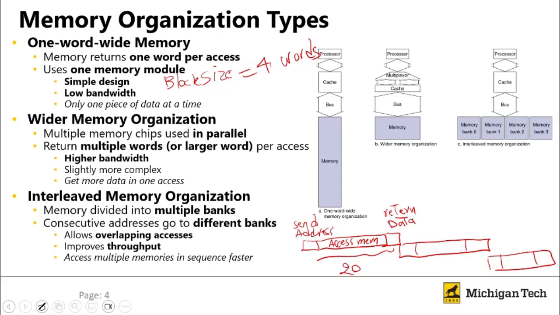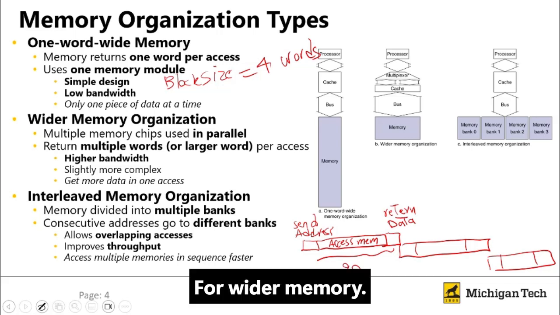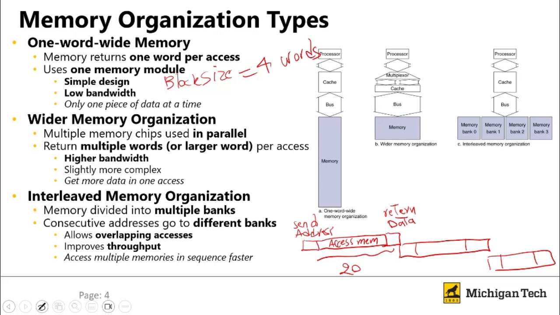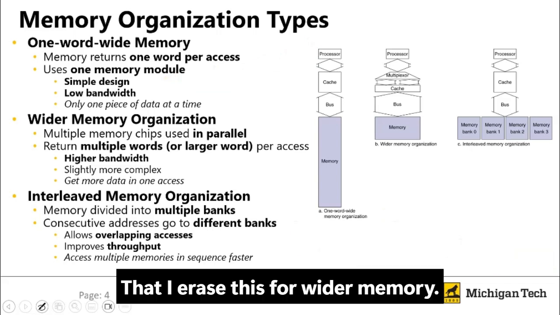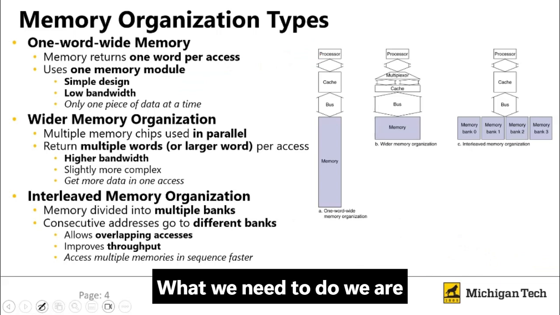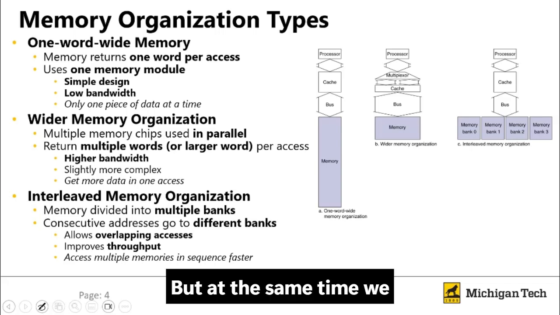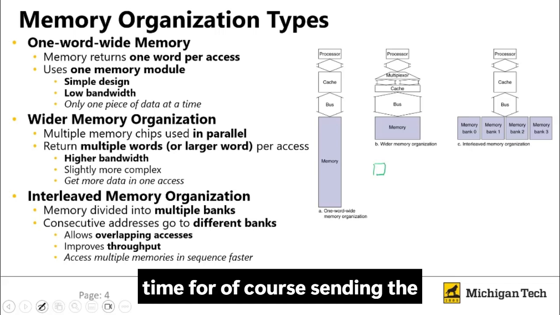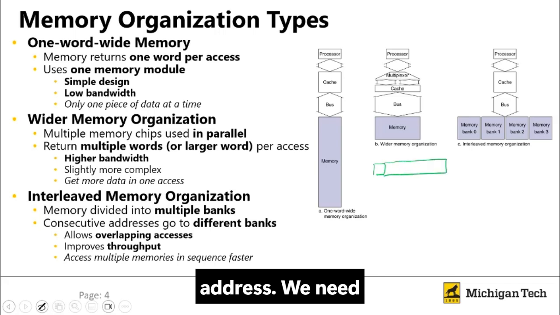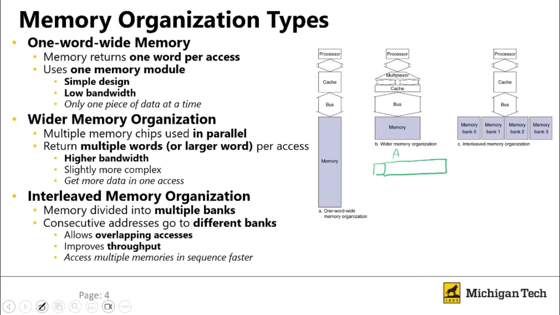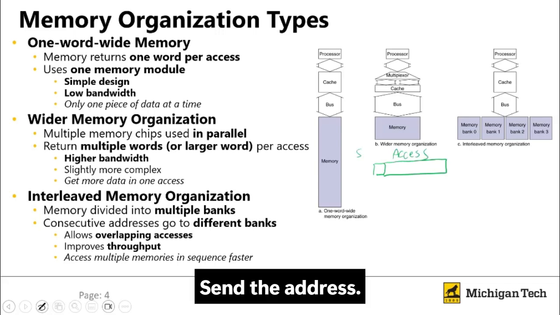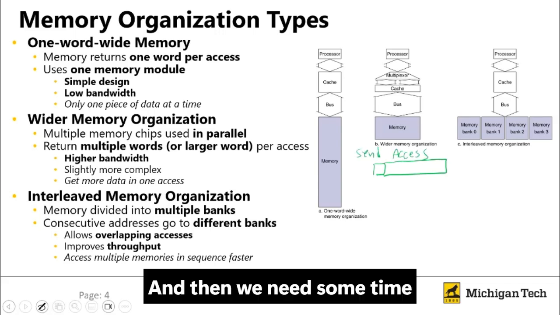What about for wider memory? Let me erase this. For wider memory, we are sending one address, and we need some time for sending the address, some time to access memory, and then some time to return data.